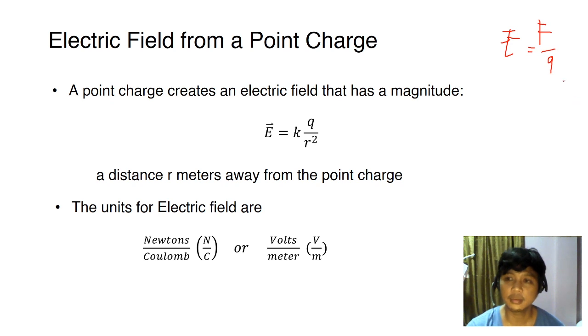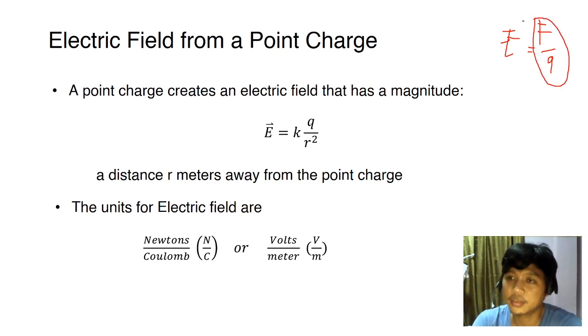E is not directly inversely proportional to Q, no. And E is not a function of Q. As I mentioned before, this formula is only used for finding the existence of the electric field.